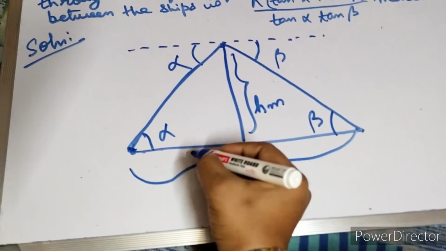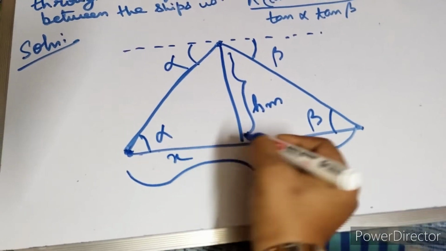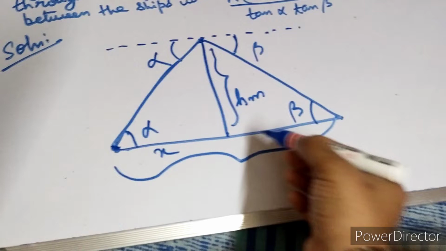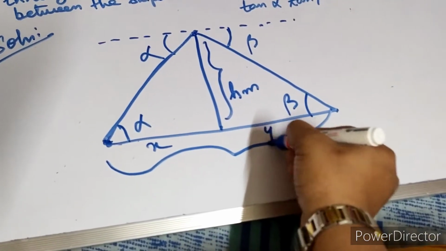So let us first take this distance from the foot of the lighthouse to the first ship as x, and to the second ship, this distance be y.